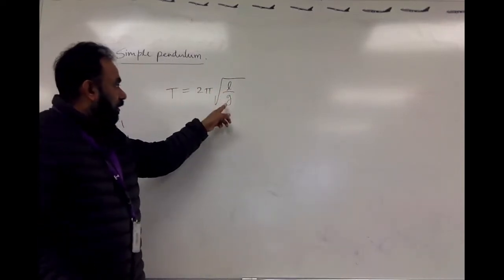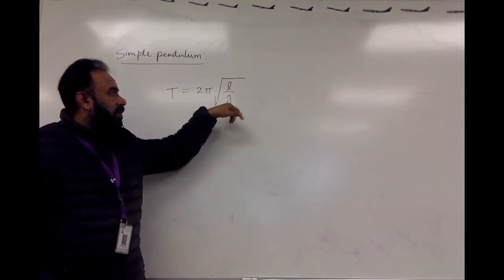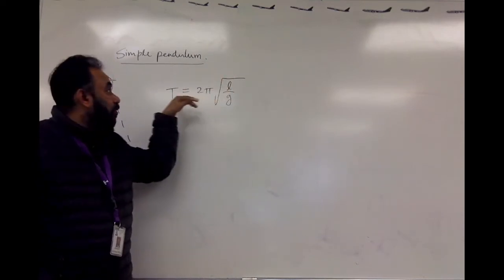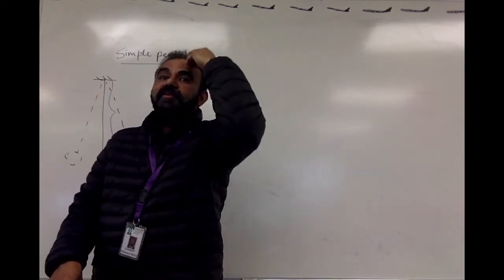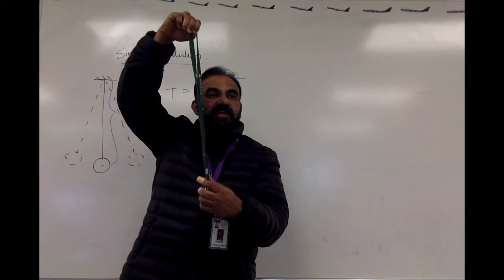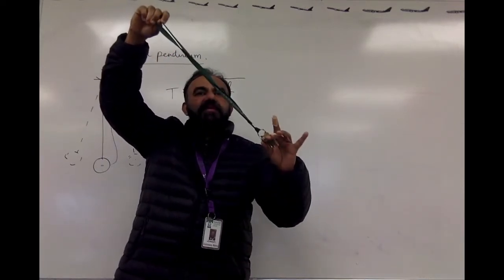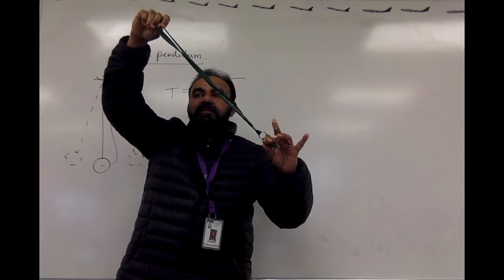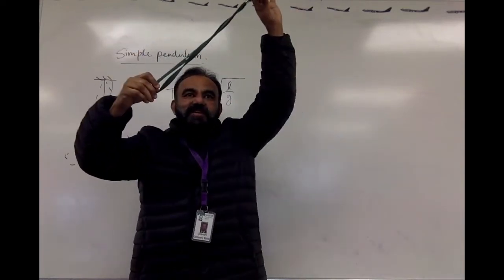So when apparent g is 0, you're dividing something by 0, the answer is supposed to be infinite. So what is supposed to be the time period? Infinite. Which means it'll take forever. If I take this pendulum in a space station and release it from here, it will stay there.